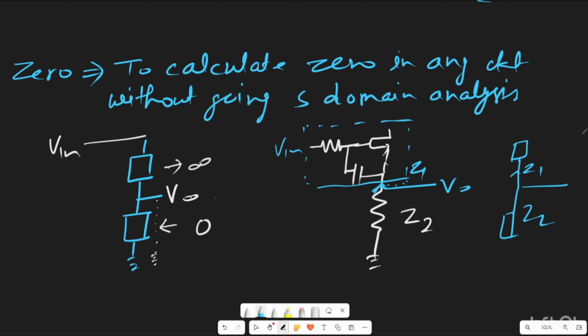Now this Z2 can't become 0 because this is frequency independent. At any frequency this can't become 0 because a resistor is a frequency independent component, while in this path we have a capacitor which is frequency dependent. So at a certain frequency this impedance Z1 can become 0 or can become infinite. So we have to find the frequency at which the impedance Z1 becomes infinite.